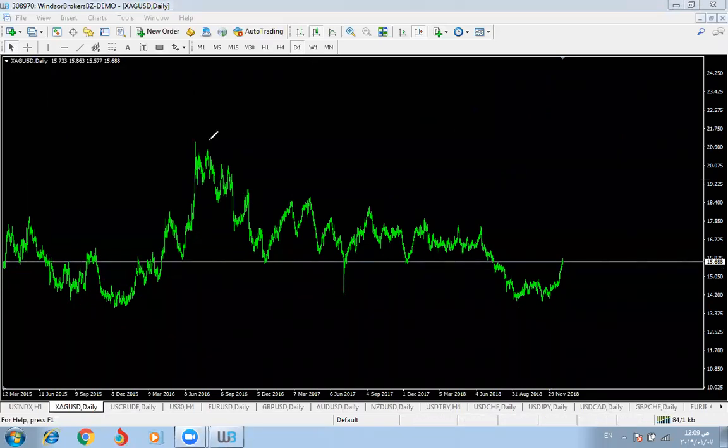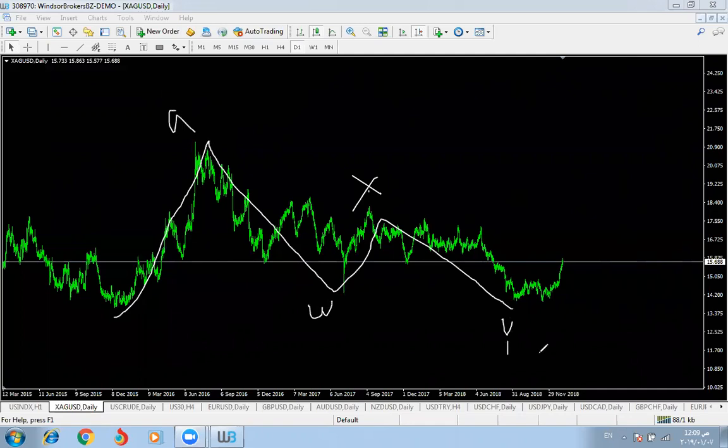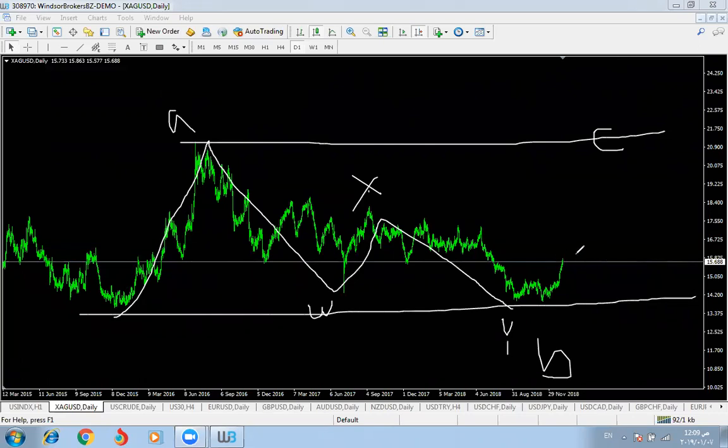Impulse to the upside. Then we have a complex corrective structure in the form of this is W, this is X, and this is Y. This is whole A, this is whole B, and we have C at this top to complete the regular flat for the silver.